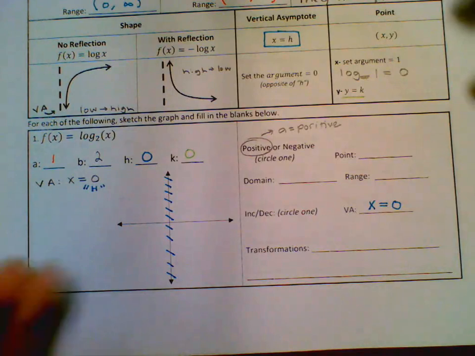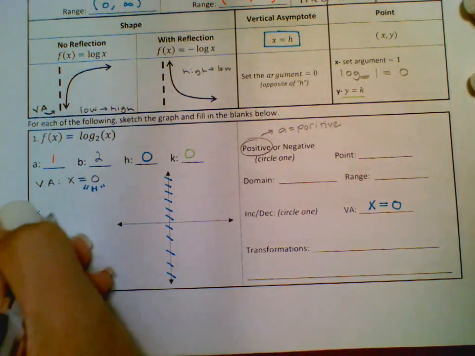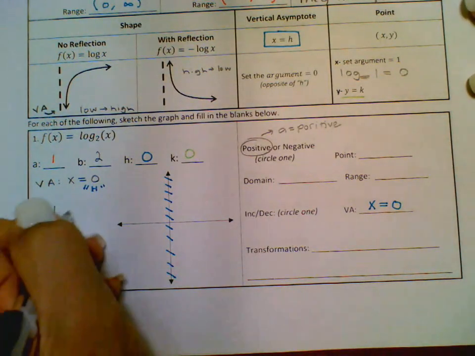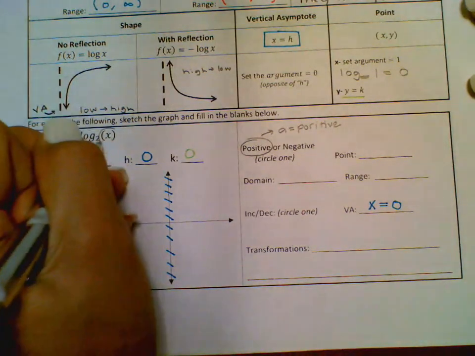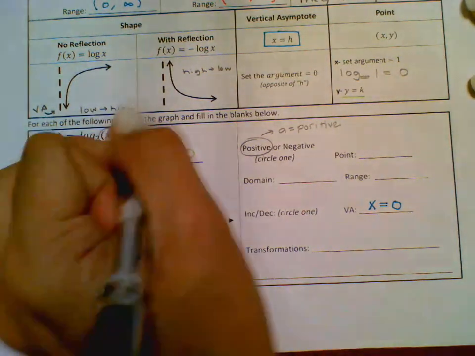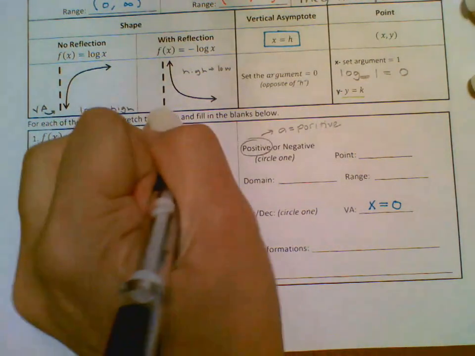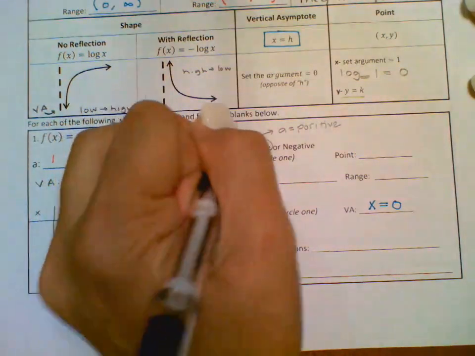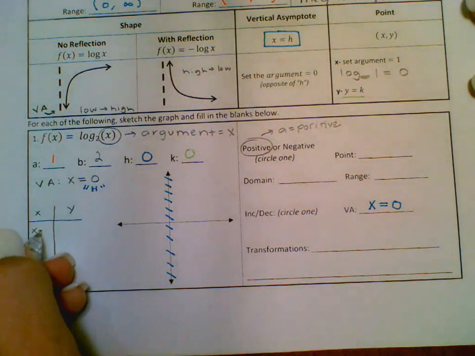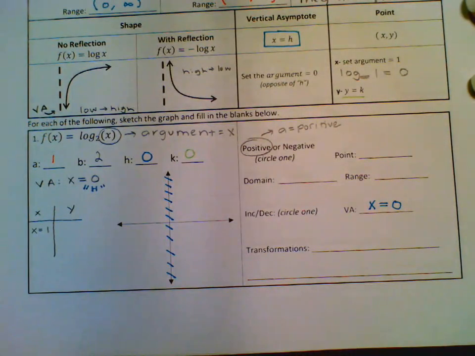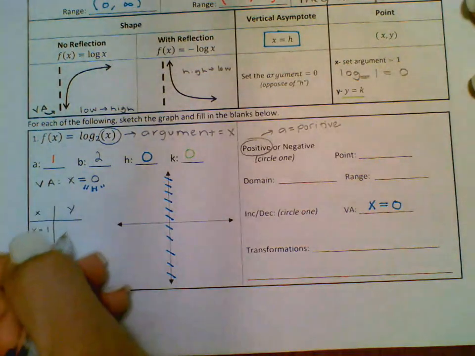For the point, we're going to take our argument. In this case, the argument is x. So I take that x and I set it equal to 1. So that is going to be a 1. And my y value is the k value.